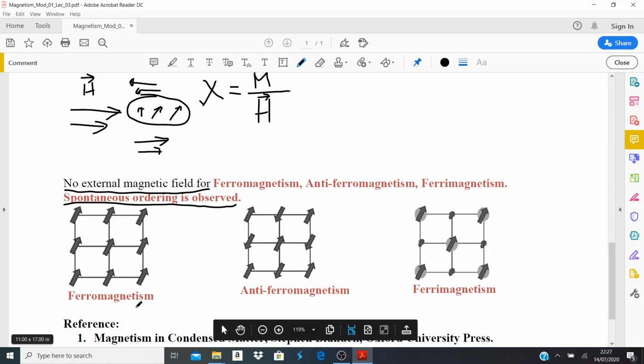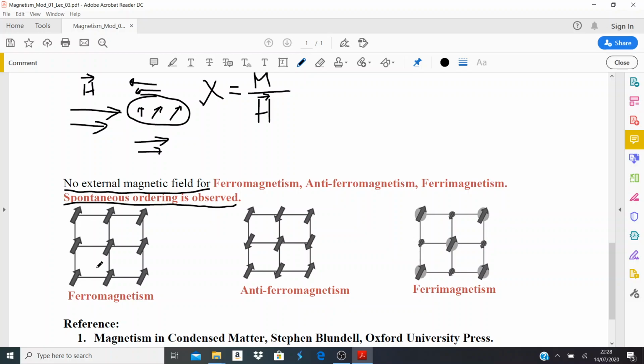First is ferromagnetism. To understand this, let's assume a two-dimensional lattice, and these points are lattice points where something is sitting and making a magnetic dipole moment. It could be anything, an atom, an ion, or anything. So the important point is the species sitting in these points makes a magnetic dipole moment.